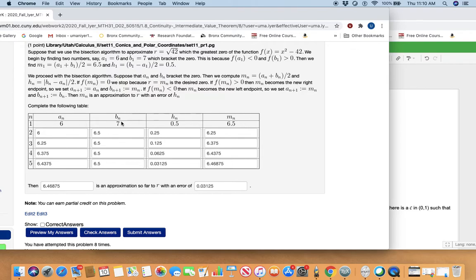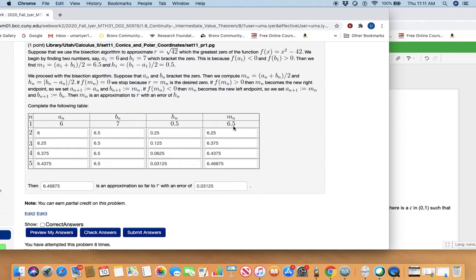If this is positive, this goes in the B column. If it is negative, it goes in the A column. But regardless, once you have that, again you can find half of the distance between these two numbers and find the midpoint of these two numbers and then continue the procedure.